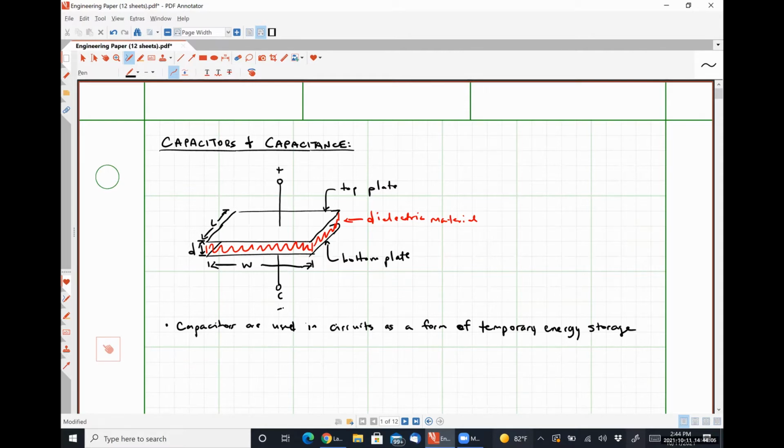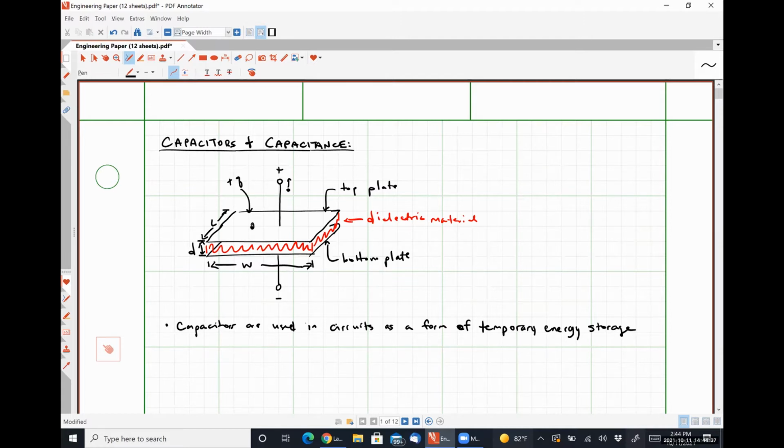Effectively, what would happen is that electrons would move towards the positive polarity terminal voltage, leaving behind positive charge on this top plate, right? Plus Q.